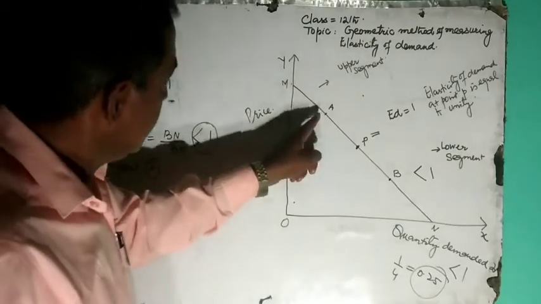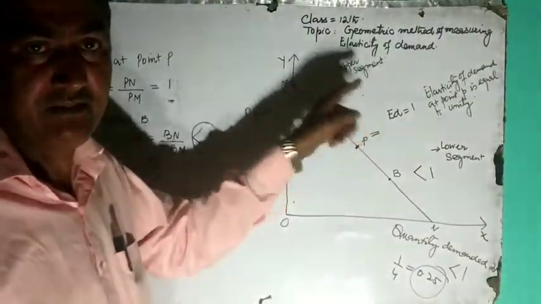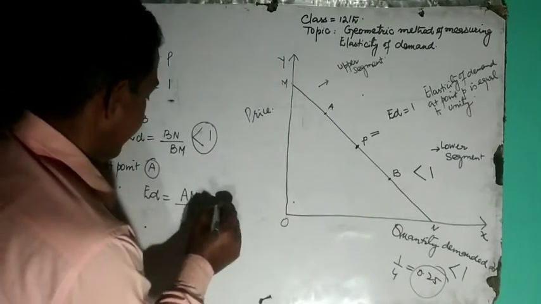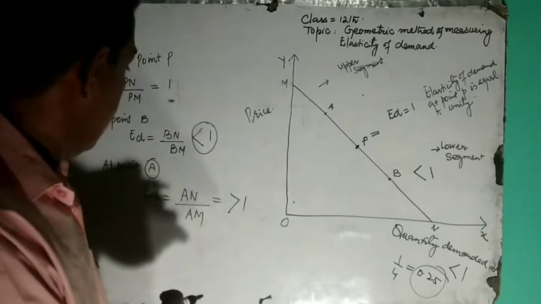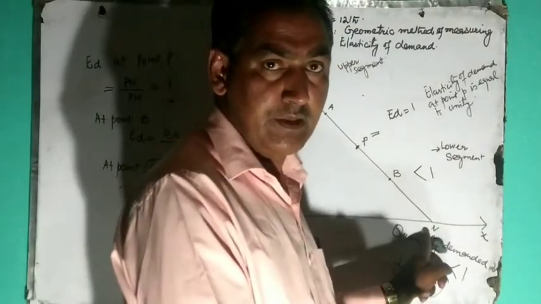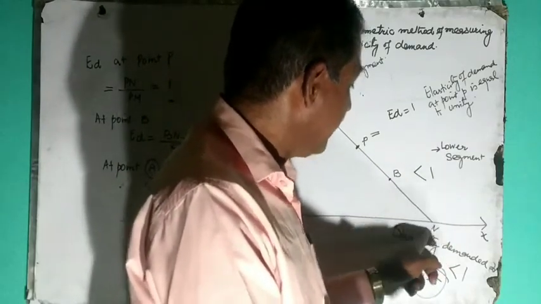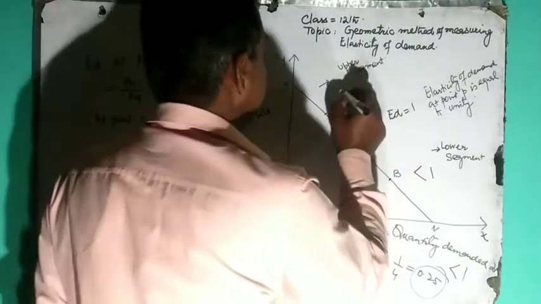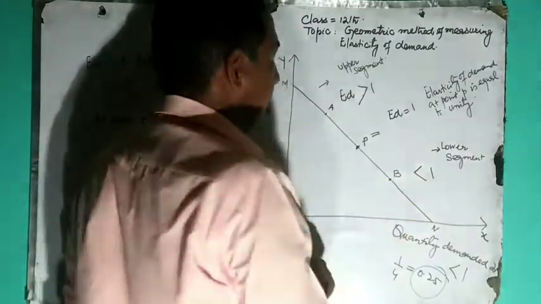When this portion is divided by this portion, we see that it is greater than 1. Now we will see point N. What is the elasticity of demand at point N? I will write here elasticity of demand is greater than 1.